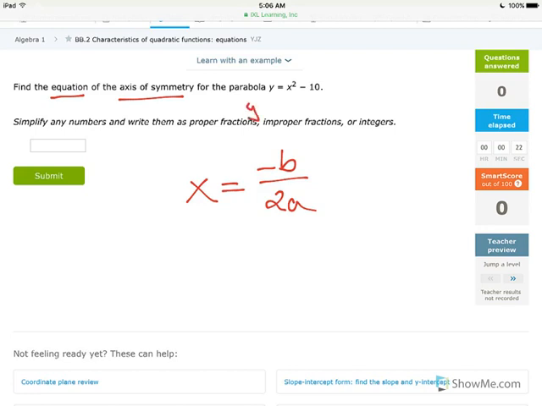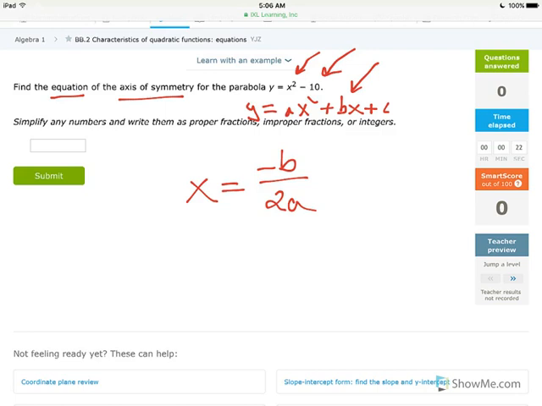So y equals ax squared plus bx plus c. So notice on this one you have the squared term, that's your x squared term, and you have the c, the constant. So the b in this case would actually have to be 0.